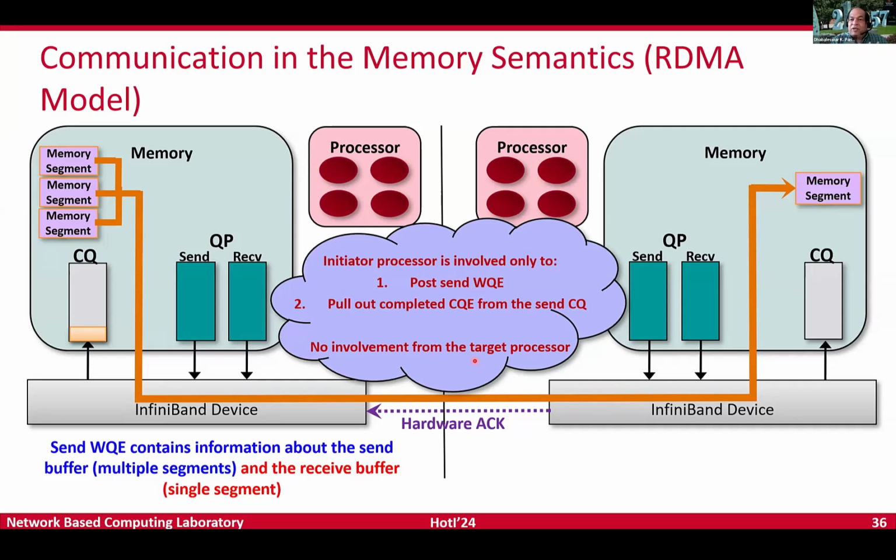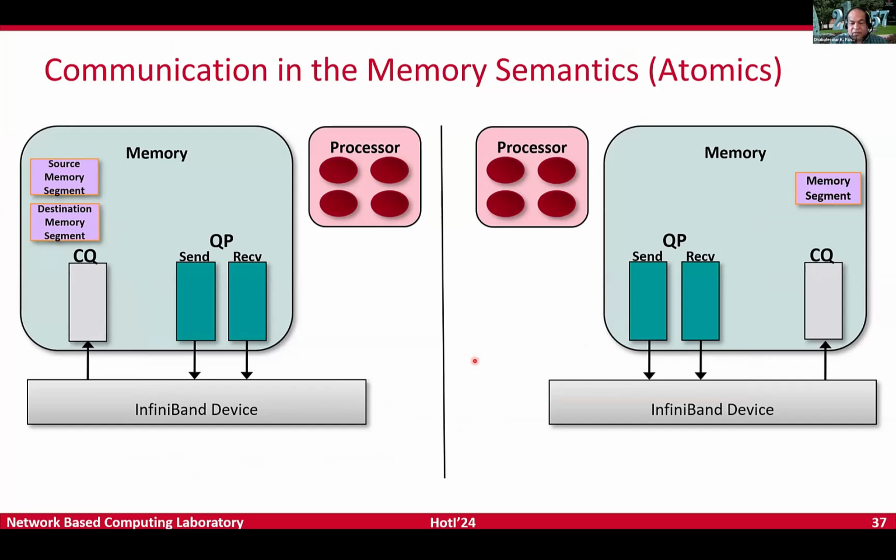That's what happens in modern-day MPI libraries, machine learning libraries. The middleware people have been continuously enhancing these so that the network overhead goes down and down and there is maximum overlap with your computation. InfiniBand also introduced something called atomics.